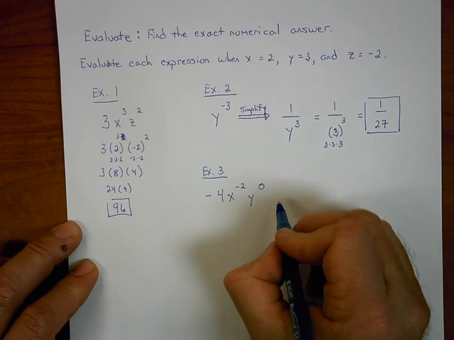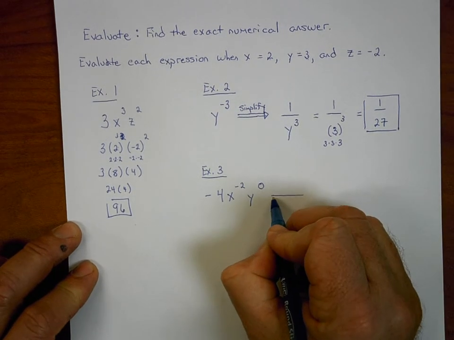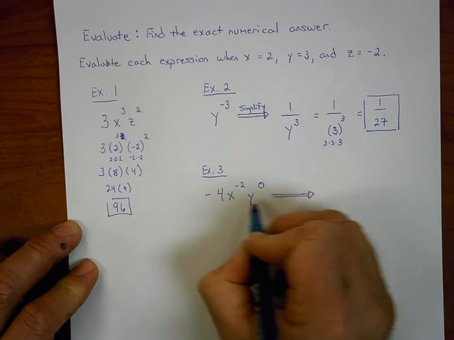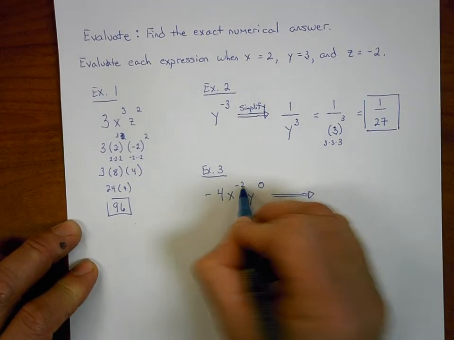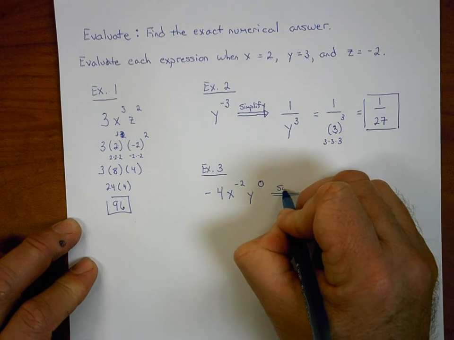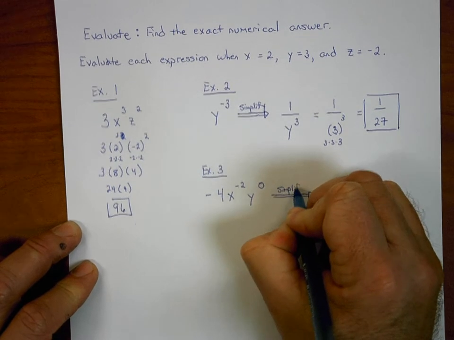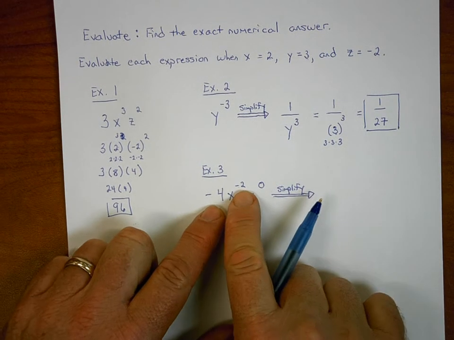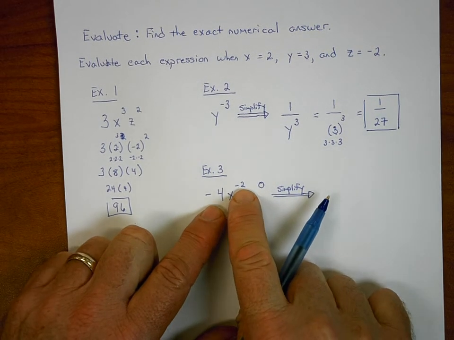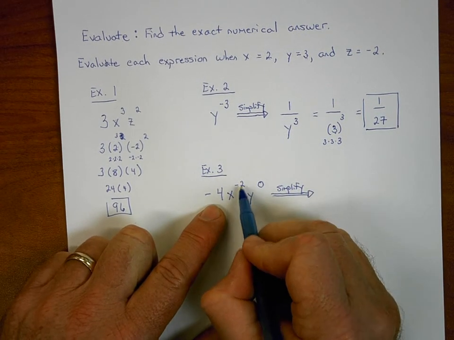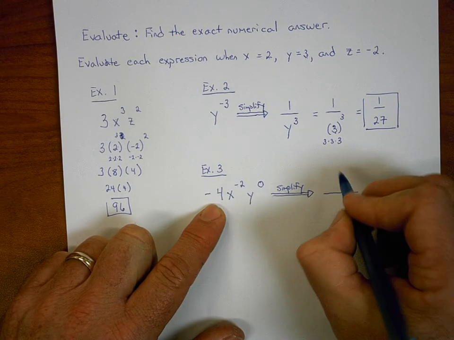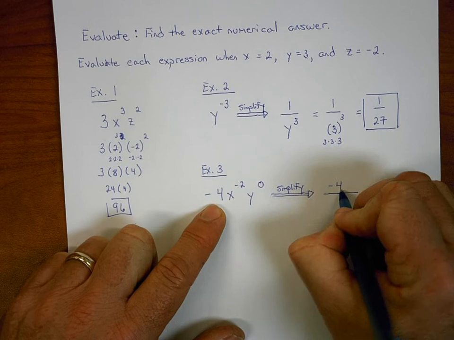an exponent of 0. So once again, if you're ever evaluating a problem that involves a negative exponent, the first thing you want to do is simplify the problem before you start evaluating. Okay, well, the -2 is only associated with the x, so when I simplify this, the -4 does not get moved, so it's going to stay in the numerator.